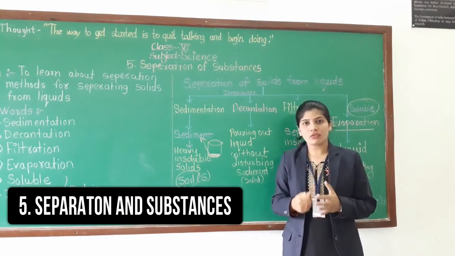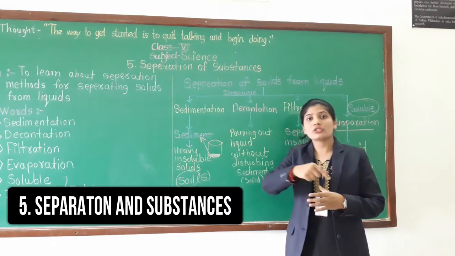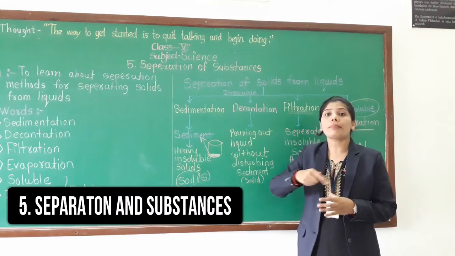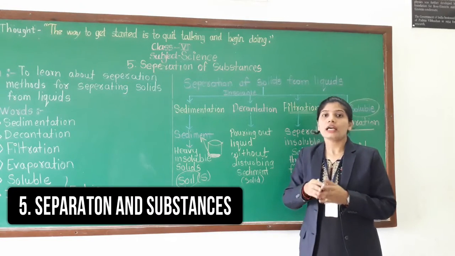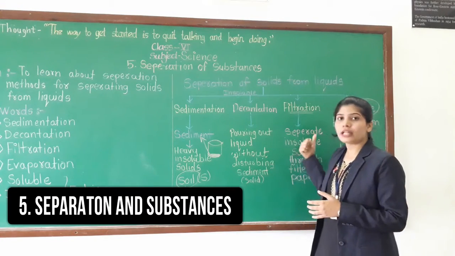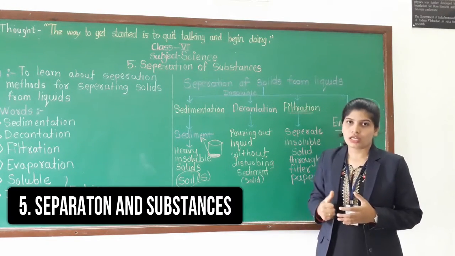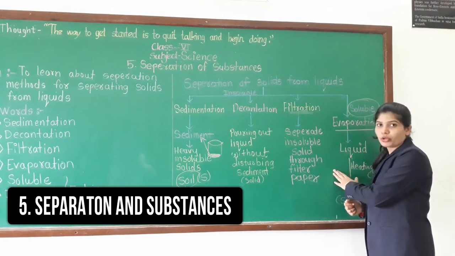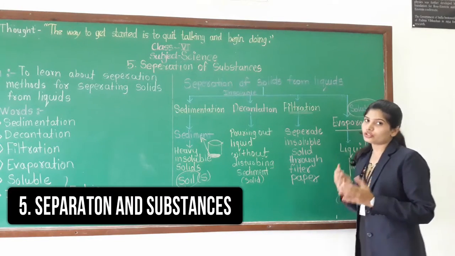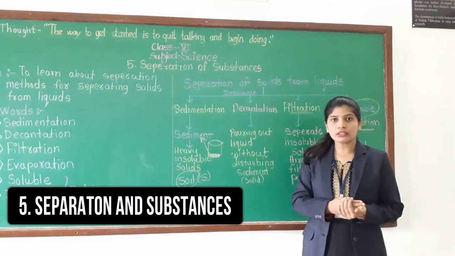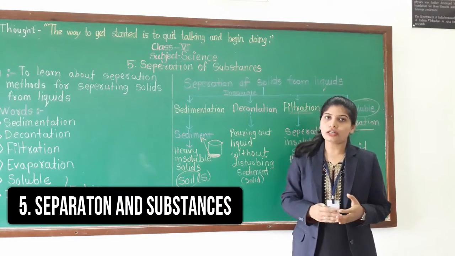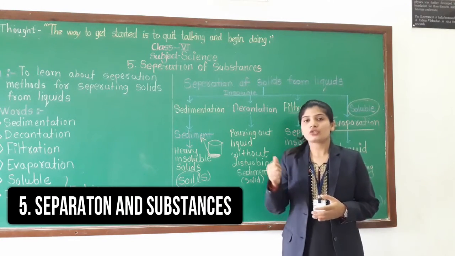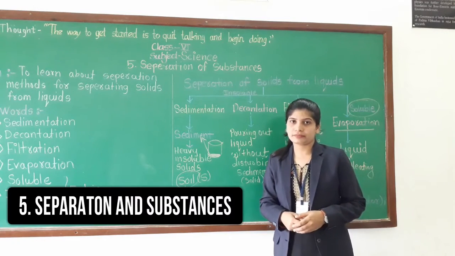Soluble means the solid is dissolving in water properly. We cannot separate that without the evaporation process. So let's start the evaporation process with water and salt, where water is a liquid and salt is a soluble solid. So let's start our experiment.